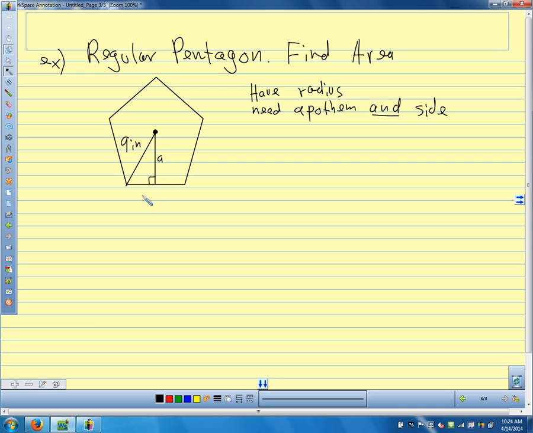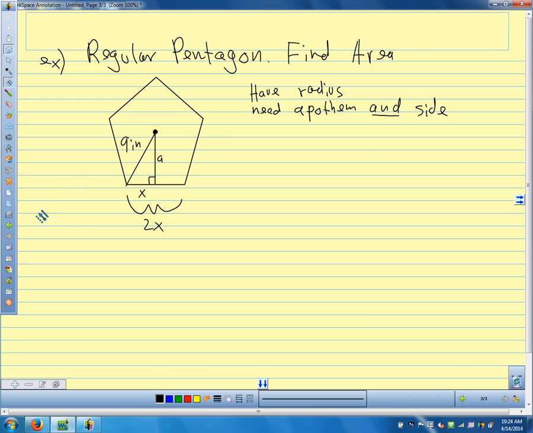There's the apothem. I'm going to call this little piece of the triangle, this side X. The side of my polygon is twice that. So I need to use this triangle to find the apothem and X.